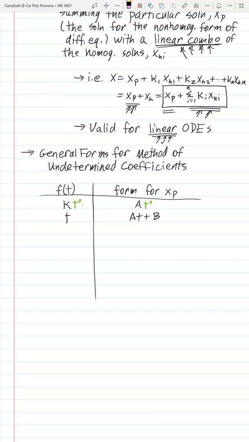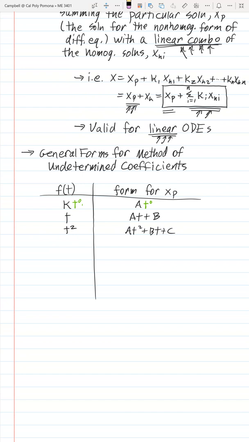And here I'll just use a's and b's that I couldn't before, because I already used a's, b's, and c's in the initial framing of the differential equation for the example. But here we don't have that limitation. And then t squared, we get a t squared plus b times t plus c.